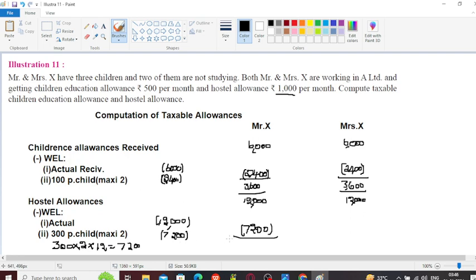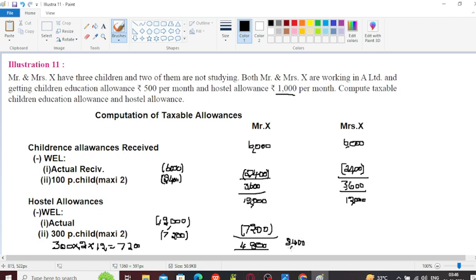If you subtract from 12,000, you will get 4800. The 4800 and 3600 will be taxable allowances, that is 8400. 8400 will be taxable for Mr. X.